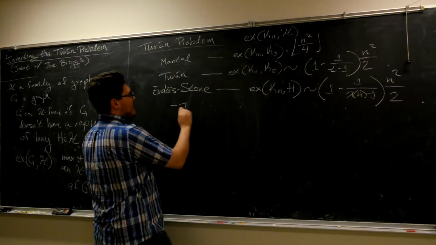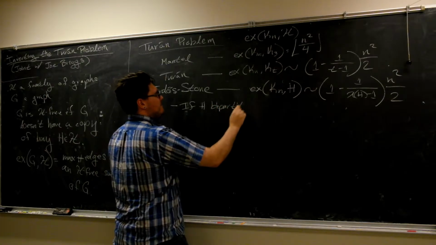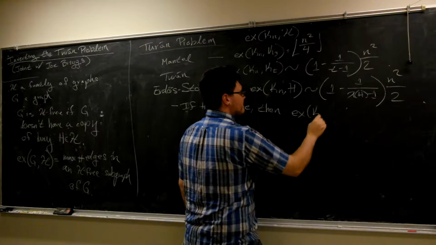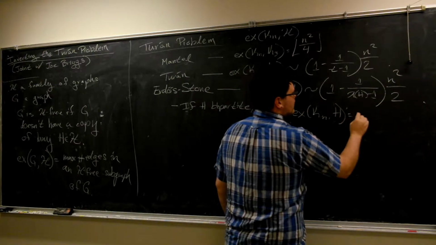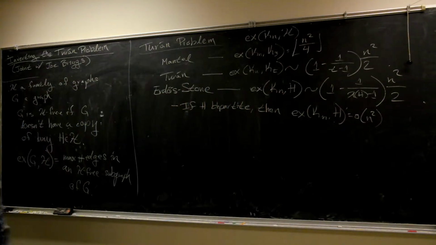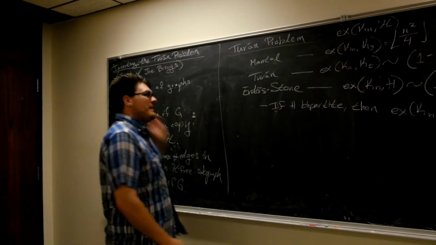All this tells you is that if H is bipartite, then the extremal number is little o of n squared. Really doesn't tell you much, and we still have no idea what happens here in most cases. It's a very open area of research.